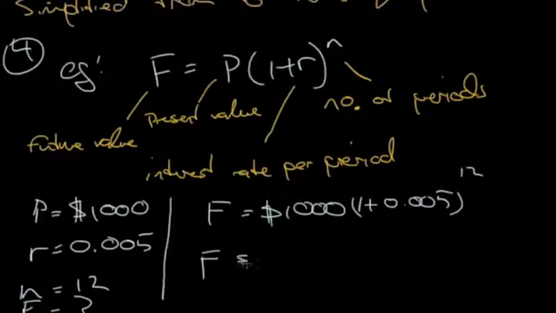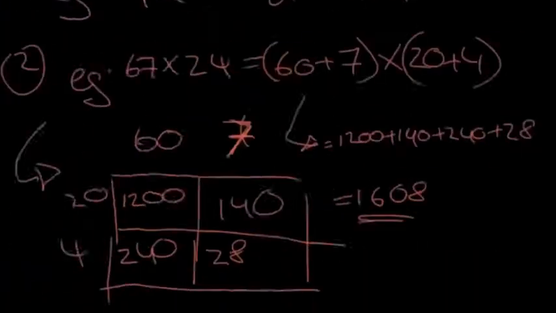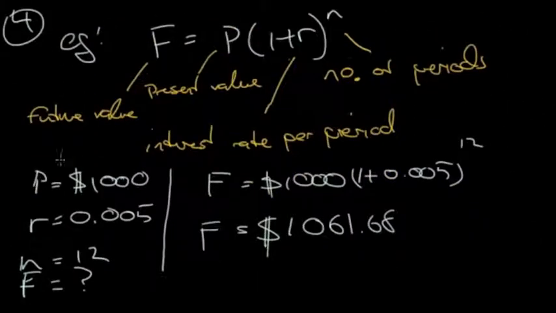And so we find that f equals $1,061.68. That's all that substitution of numbers for pronumerals is. We take an equation, we know what some of the values of the variables are, so we can put those values in, and as long as there's only one variable for which we don't know the value, we can find the value of that one.